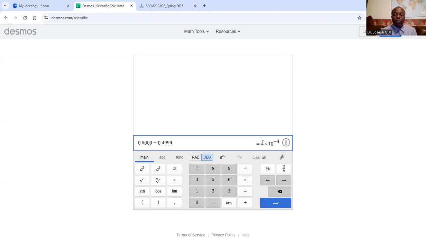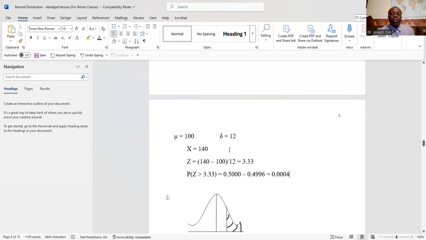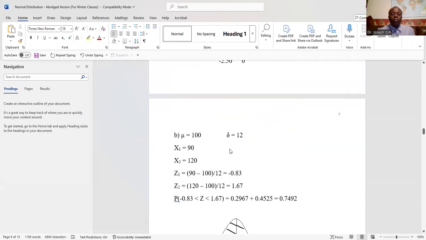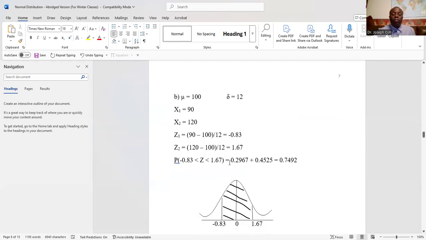This is the probability that it will be more than $140. Very slim probability.